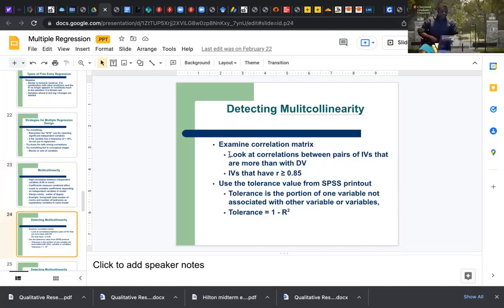To detect multicollinearity, use the correlation matrix and look at the correlations between the IVs, not the DVs. You are looking at the IVs mostly, for correlations of 0.85 or more. Use the tolerance value in the SPSS printout. The tolerance is the proportion of the variable not associated with other variables. So tolerance equals 1 minus R squared.